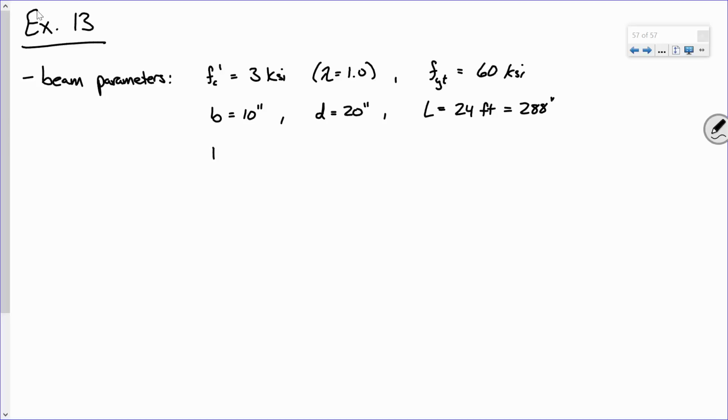And we have number 3 U-shaped stirrups. So what's that mean? Times two legs. All right. Make sense?